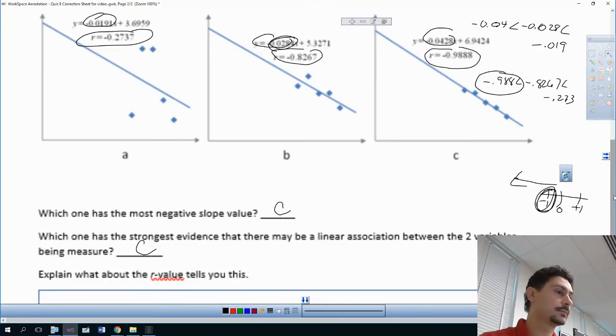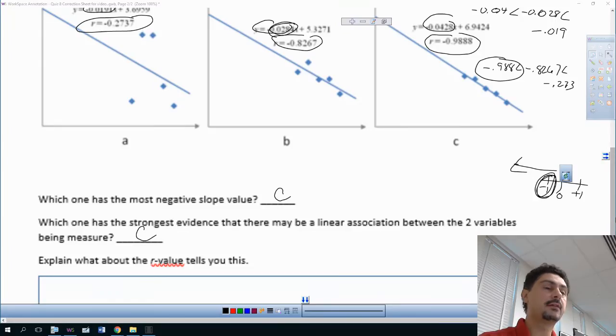Now, explain what about the R value tells you this, and you would have to write that in the sentence.